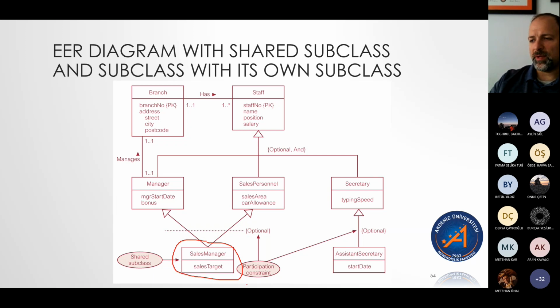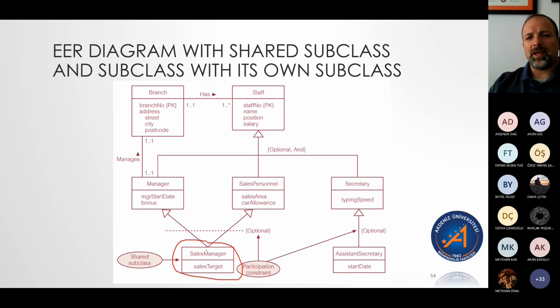So this sales manager person will not only have a staff number, a name, a position, a salary, they will also have a manager start date, a bonus, and a sales area, and a car allowance, and also a sales target. Okay. People who are just managers won't have a sales target because they're not a sales manager. Just sales personnel will not have a sales target because they are not a manager. Okay, so it inherits from both sides.